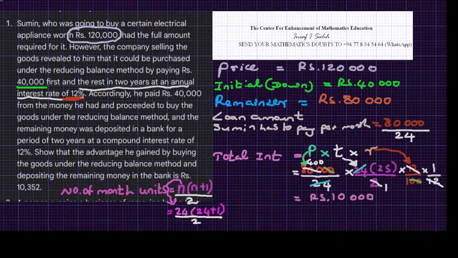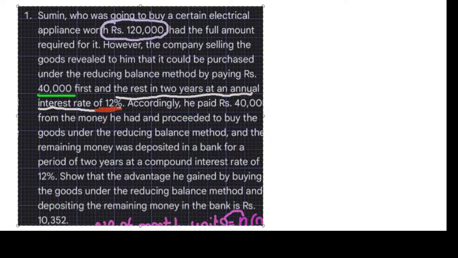All right. Now let's go further and see what's happening. What are they saying? Let me take this to the next page. What is Sumin doing with the money that is left after making the down payment?